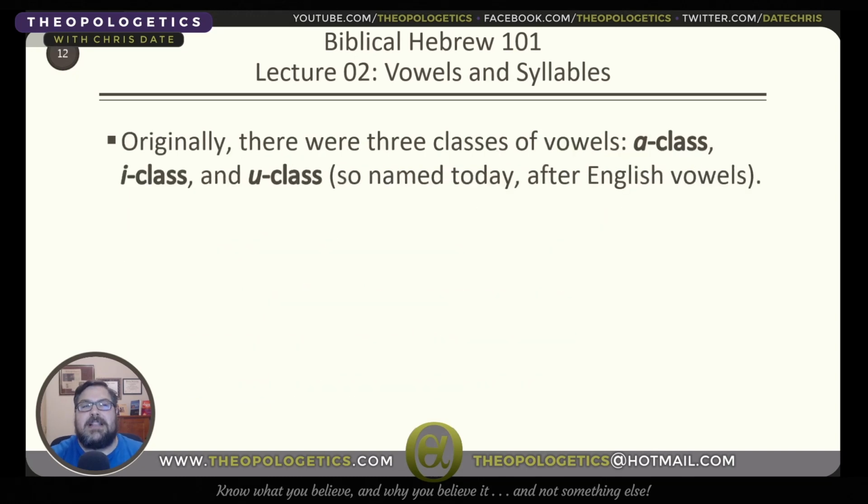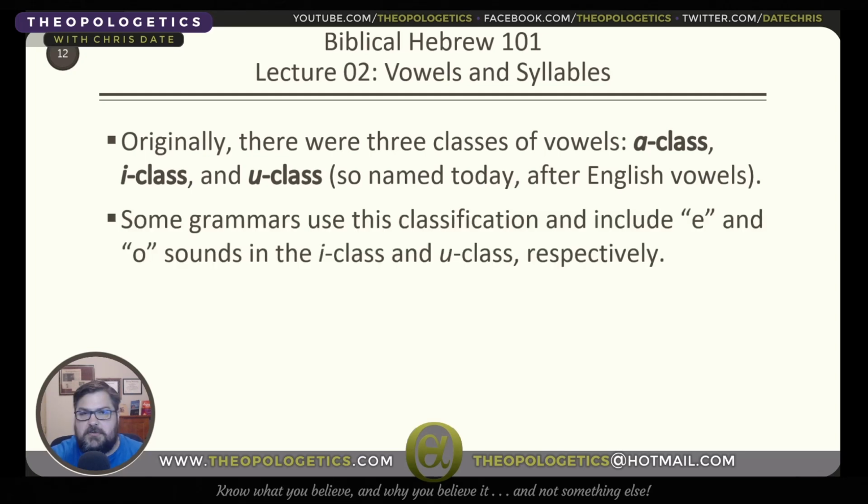Originally, there were three classes of vowels, A class, I class, and U class. They are named today after those English vowels. Obviously, in original Hebrew, they wouldn't have called it A class, but that's how we're categorizing the vowel sounds today, by the corresponding English vowel sounds. Some grammars use this classification and will include E and O sounds in those three categories. So they will include the E sounds in the I class and the O sounds in the U class.